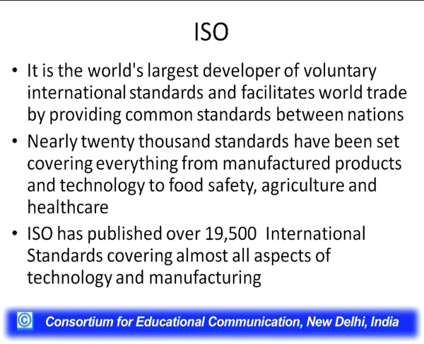It is the world's largest developer of voluntary international standards and facilitates world trade by providing common standards between nations. Nearly 20,000 standards have so far been set, covering everything from manufacturing products and technology to food safety, agriculture and healthcare.